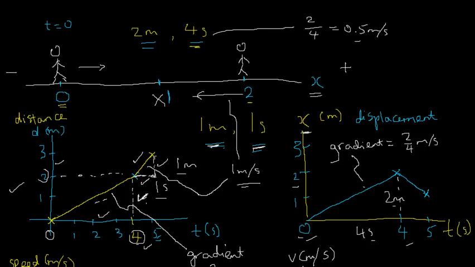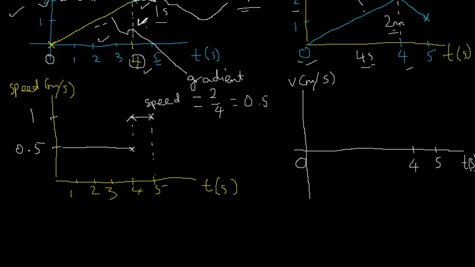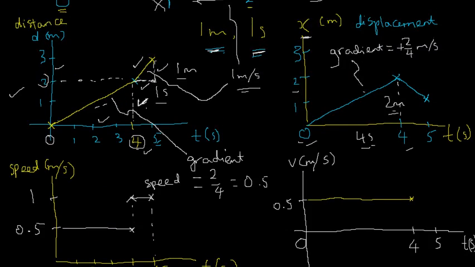So in this case, since dividing 2 and 4 just gives a positive number, the gradient is positive 2 over 4. So it's a positive number, meaning in this case going to the right, 0.5. So over this period from 0 to 4, the velocity is just 0.5 all the way.